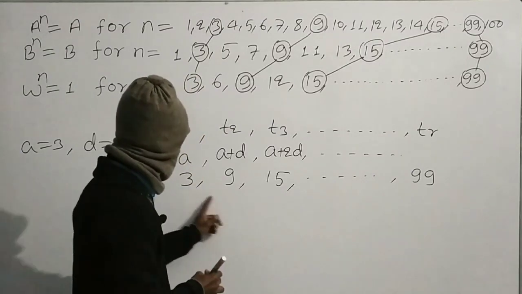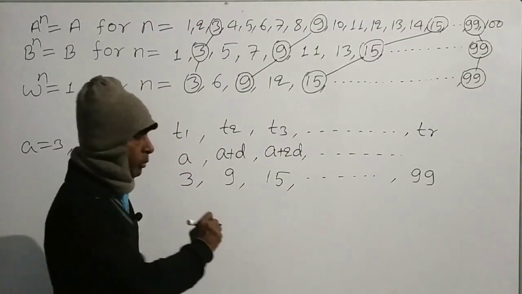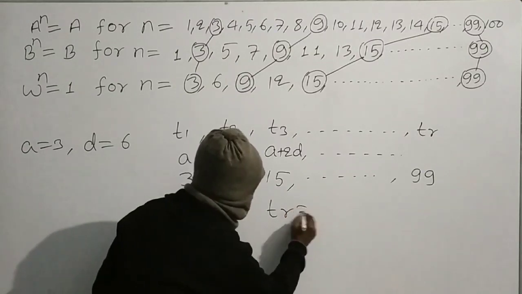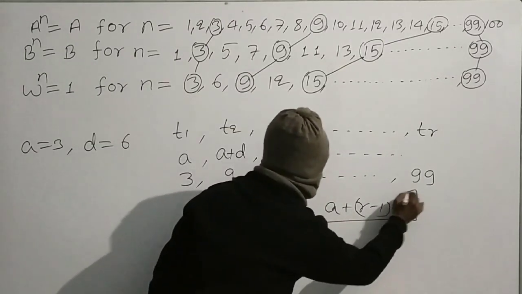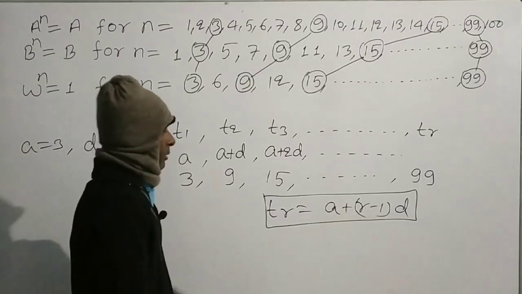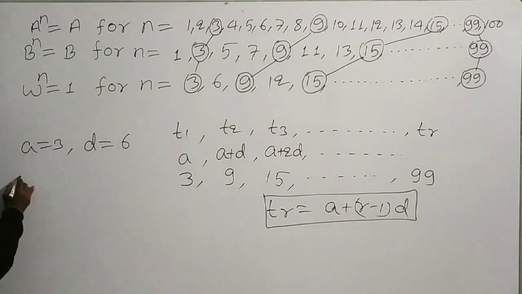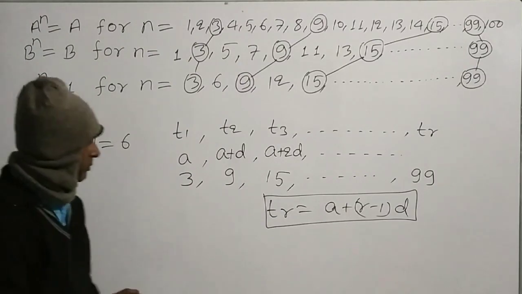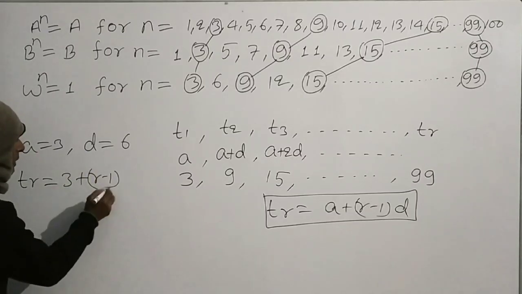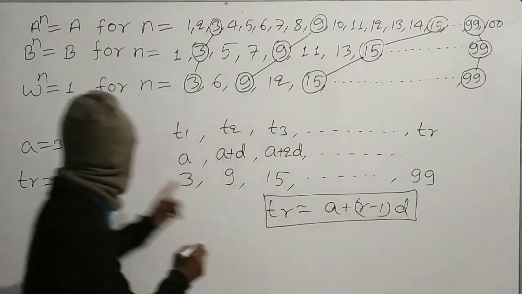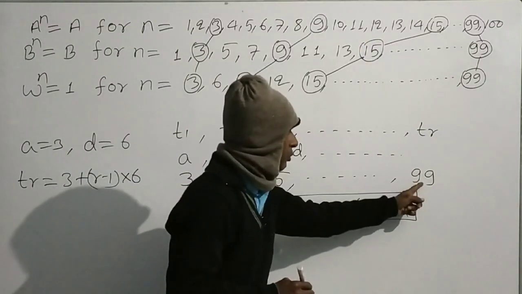This is the formula: TR is equal to A plus R minus 1 times D. By using this formula, we can write TR is equal to A, meaning 3, plus R minus 1 times D, meaning 6, and this TR is equal to 99.